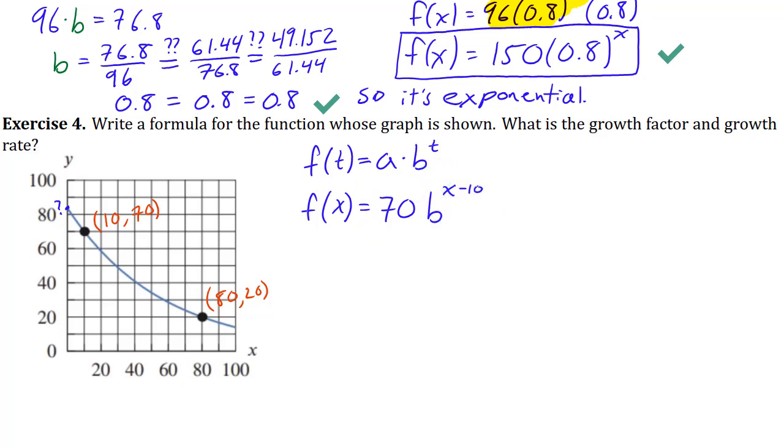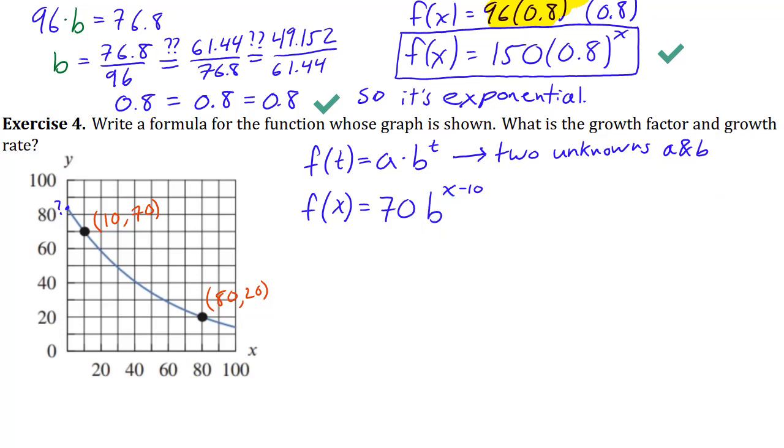Now, this one, if you plug in x equals 10, you'll get a result of 70. So that saves you from having two unknowns, which makes that tricky. This way we only have one unknown, which is b.